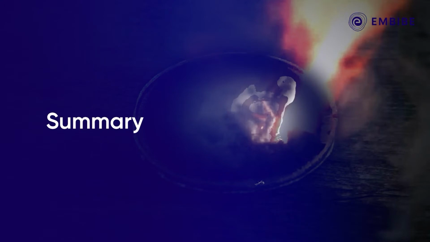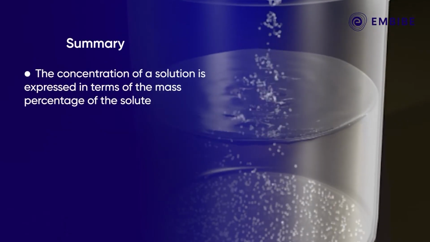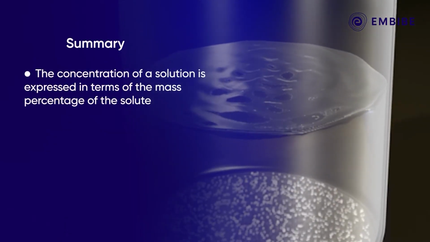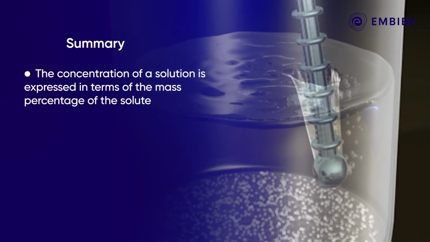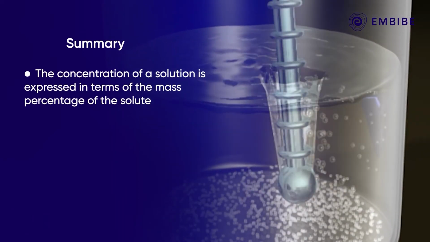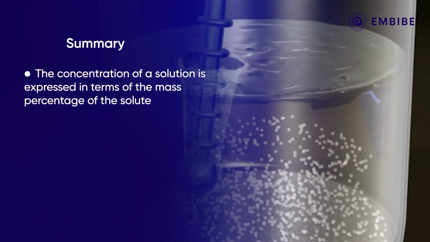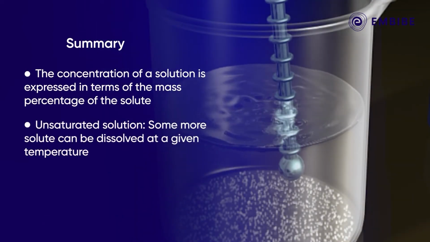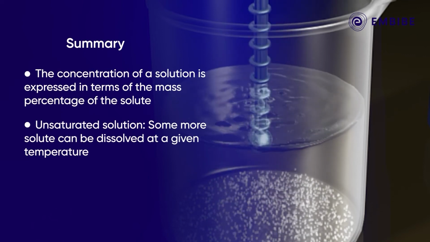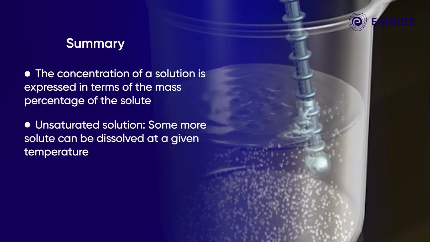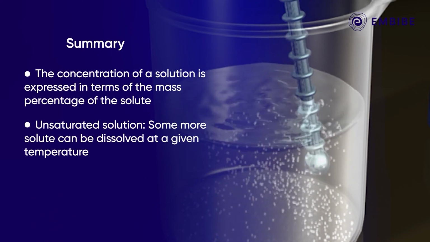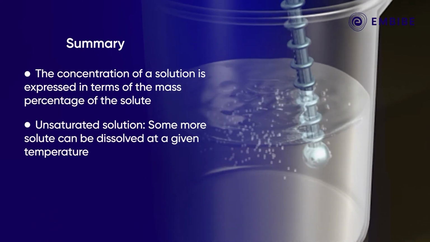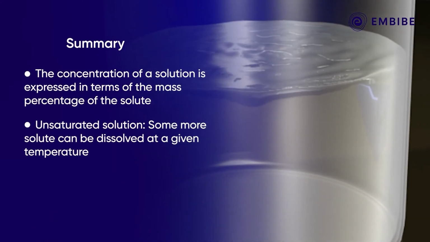Let us summarize. The concentration of a solution may be expressed in terms of the mass percentage of the solute. When a solute is dissolved in a solvent such that some more of it can be dissolved in the solution at the given temperature, the solution is called an unsaturated solution.